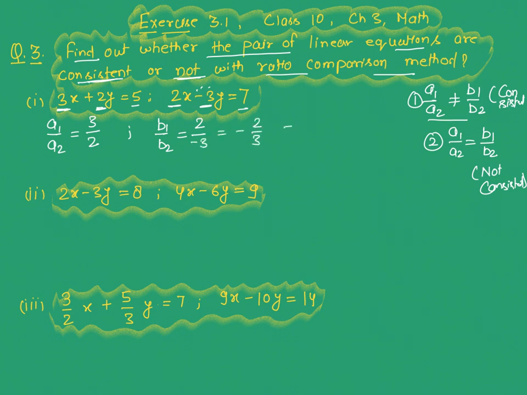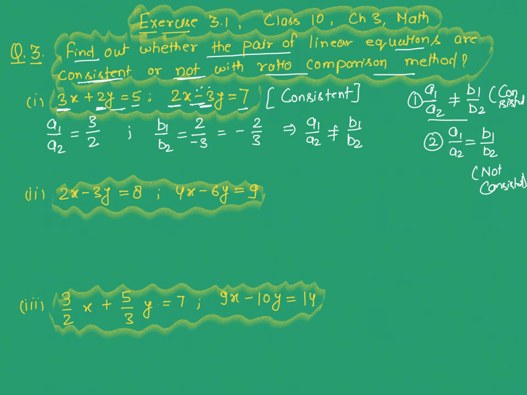So you can see clearly from here A1 upon A2 is not equals to B1 upon B2. That means this pair of linear equations would be consistent. And when we say consistent, इसका मतलब होगा कि जब हम इन लाइंस को ग्राफ पर ड्रॉ करेंगे, they will definitely intersect at one point, right? So there will be one solution.